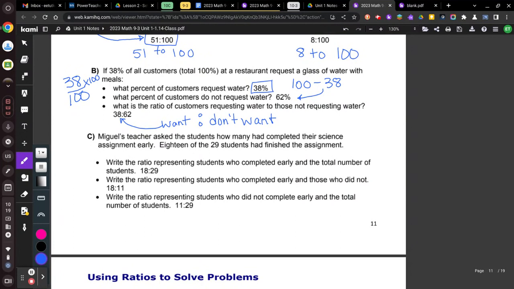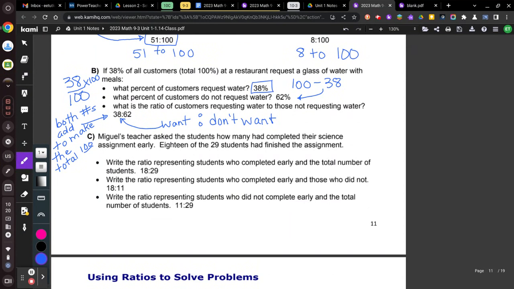If you were to add those two numbers, what would they add up to? 100. They would add up to the same thing as a percentage. Both numbers add to your total, 100.